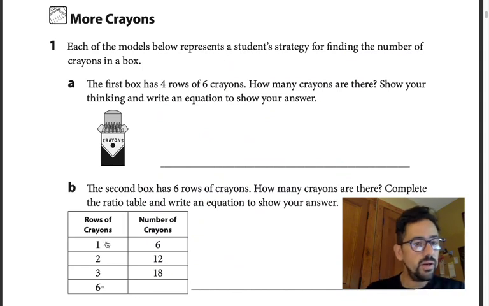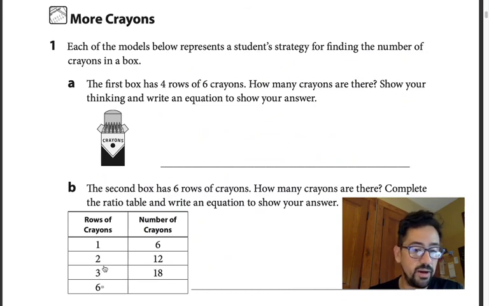So now, instead of building the ratio table, I am giving you the ratio table. As you can see right here, it says that one row has 6 crayons. Very good. So obviously, 2 rows will have 12. 2 is twice as much as 1, so the number of crayons, 12, is going to be twice as much as 6. The same thing is for 3.